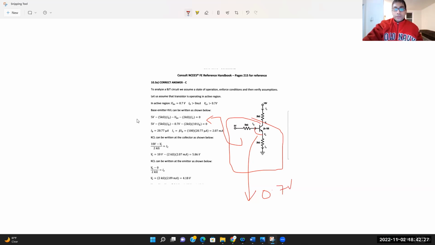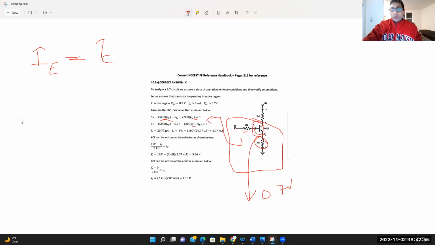So you have 5 volts, then you have this multiplied with my IB, then you have a voltage drop across this one, and then you have IE, multiplied with RE. Now, as I said, IE is nothing but IC divided by alpha.